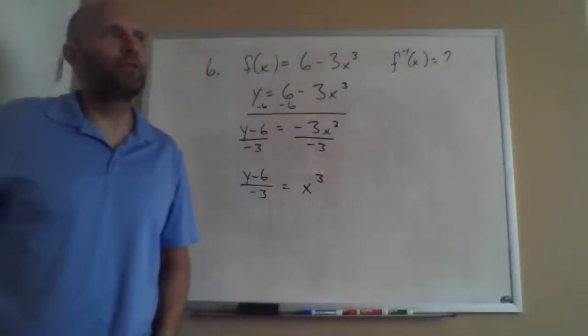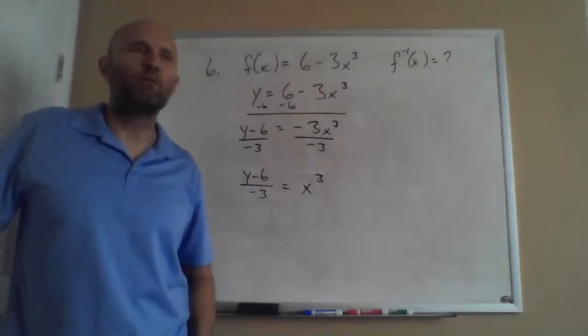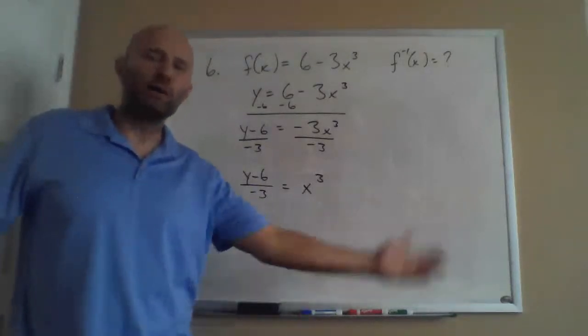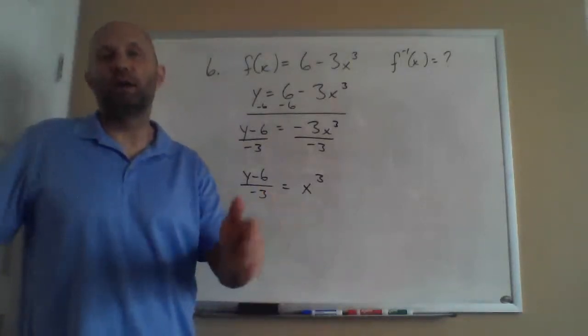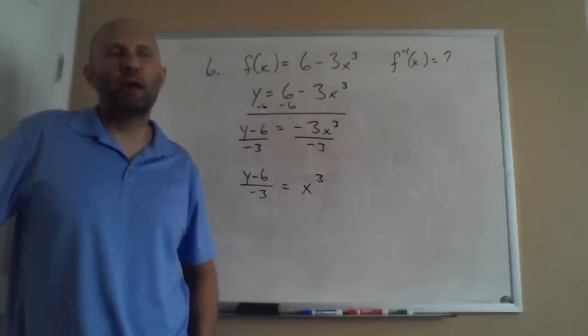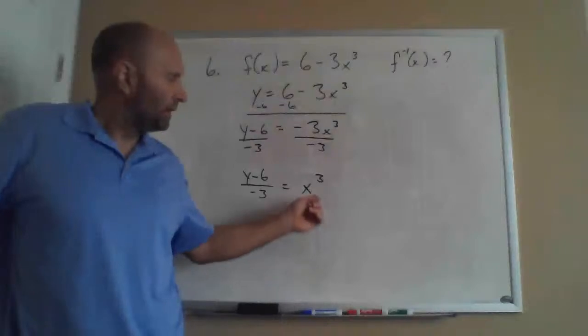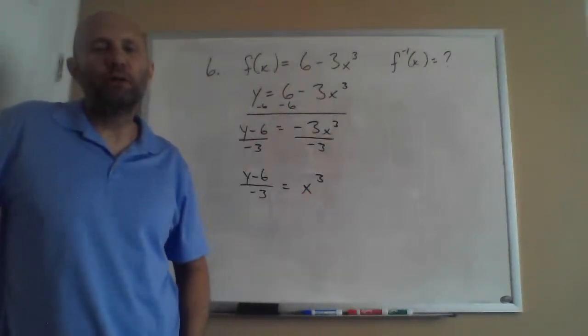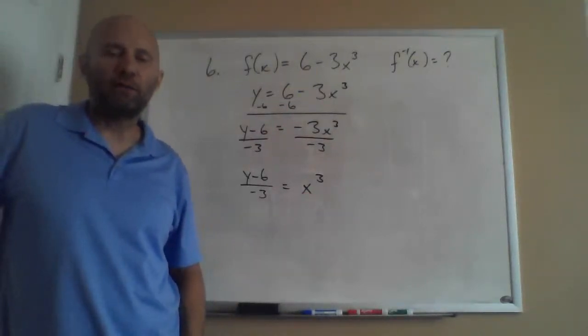Now, if we think back to some of them that we did last week when we had x squared equals something, or the square root of x is equal to something. If I had x squared, what did I have to do? I had to take the square root. So if I have x to the third, how do I get x all by itself in this situation?